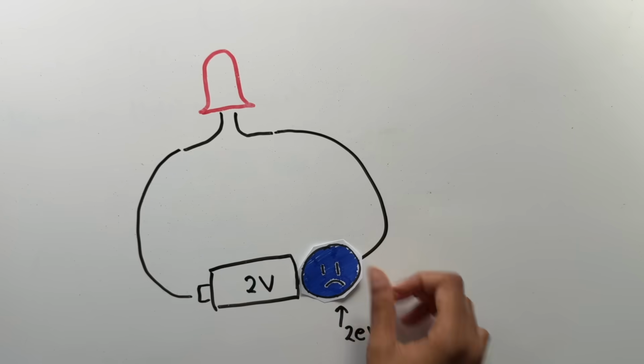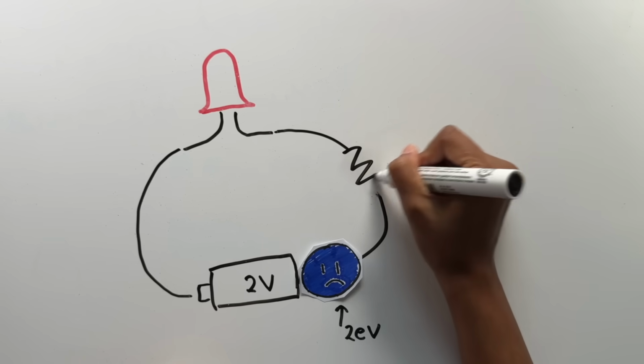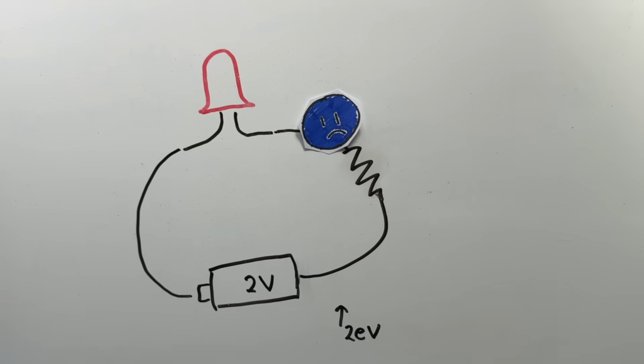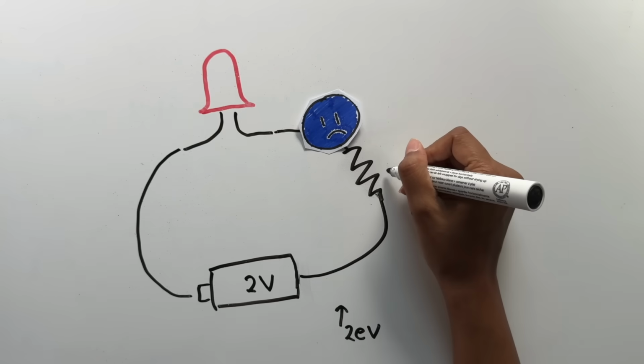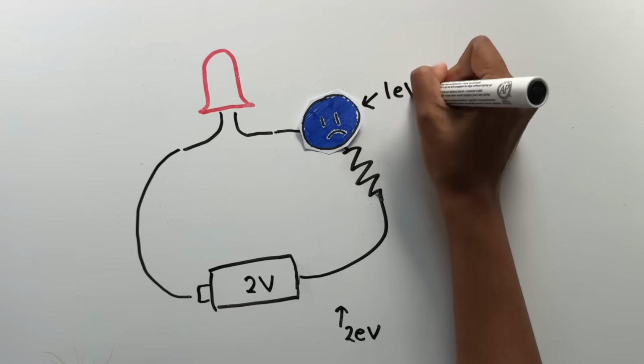So what do we do? We actually want to decrease the electron's energy on the path. So we could just add a resistor. The resistor is going to use up a bunch of the electron's energy, so it's going to come out the other side with much less. Depending on the size of the resistor, the electron's energy might have gone down to, let's say, just 1 electron volt. And so now, when it goes to this LED, it only has 1 electron volt worth of energy to give.